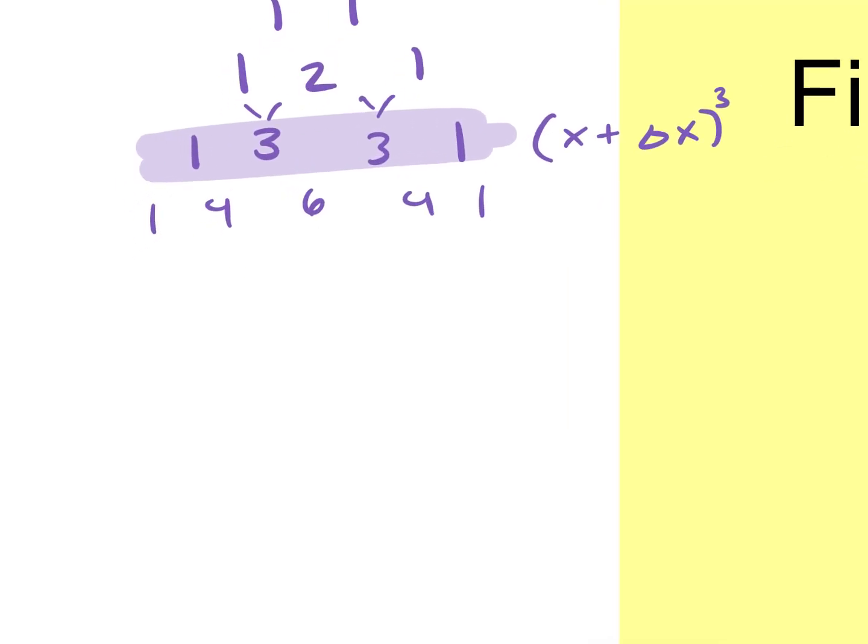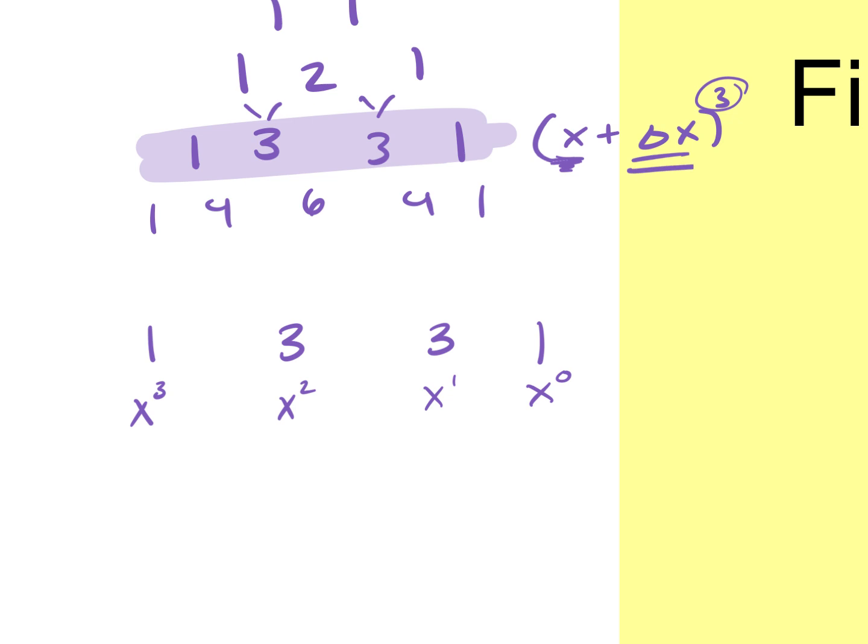So here I'm going to start with my constants 1, 3, 3, 1. Then I'm going to use my first term, so that's x. I'm going to start with x to the 3rd power, so whatever our degree is, x to the 3rd power. We're going to decrease from there. So then x squared, x to the 1st power, and x to the power of 0.